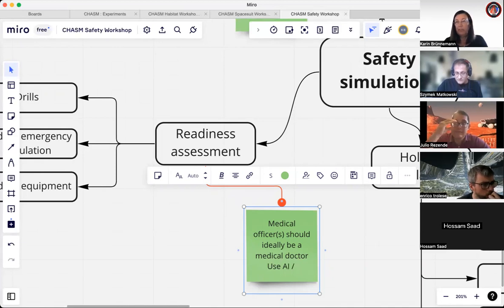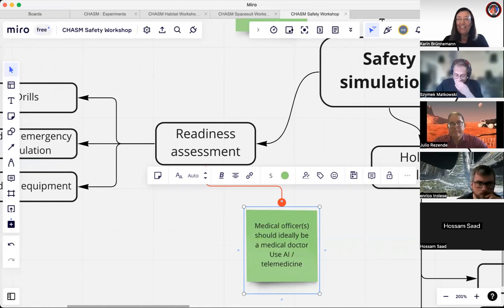Also telemedicine would fall into that field, Hossam, would you agree to that? I take that as a yes.